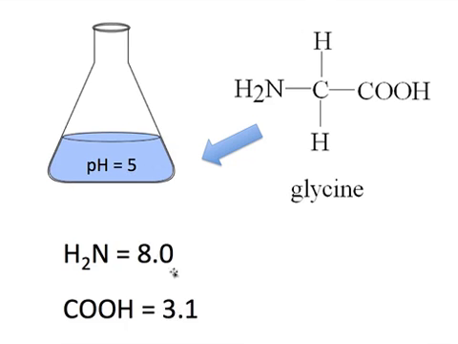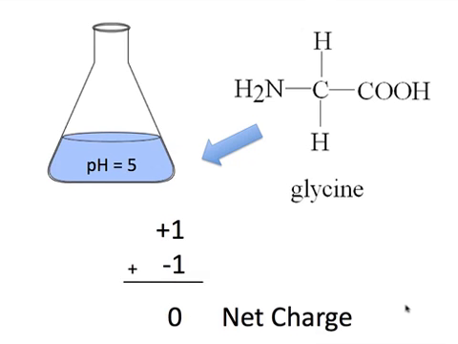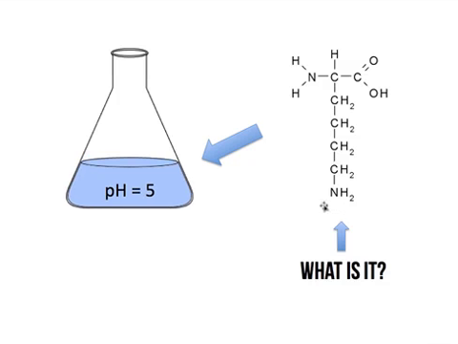So 5 will deprotonate this guy, knock that off, and make that a -1. I'll show you in the reaction what happens. This +1 and this -1, add them together and you get a 0 net charge, which is why glycine has no charge.